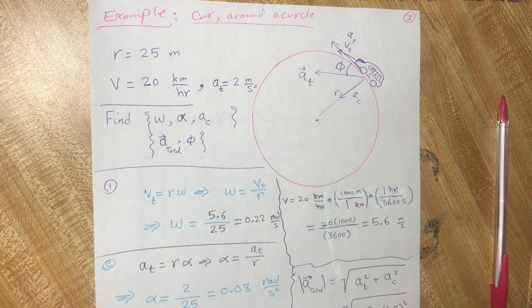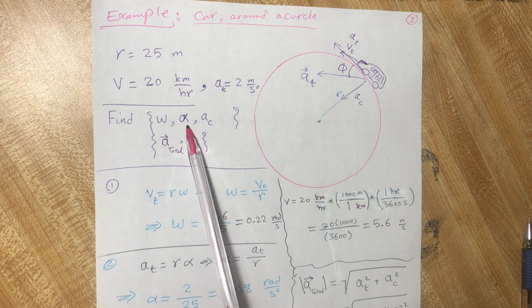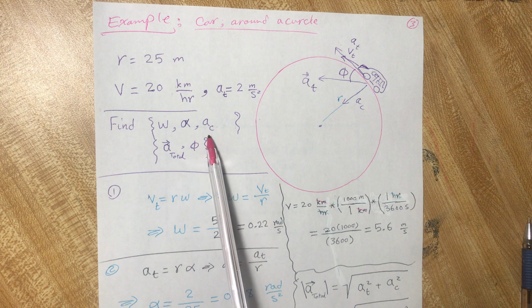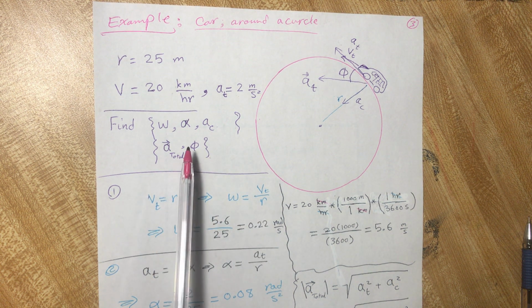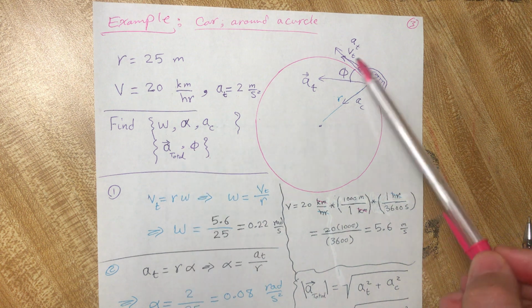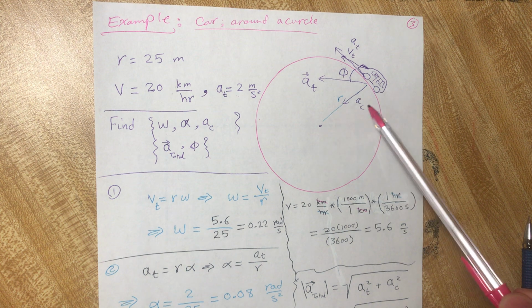Is that clear now? We need to compute the angular velocity, the angular acceleration, and the centripetal acceleration. We need to find A total. We need to find phi, which is the direction of A total. This is A total between AC and AT.